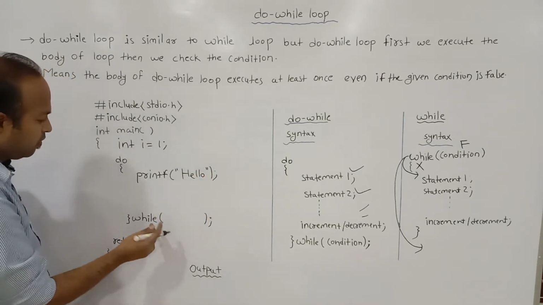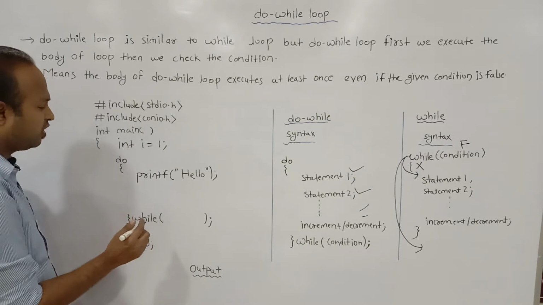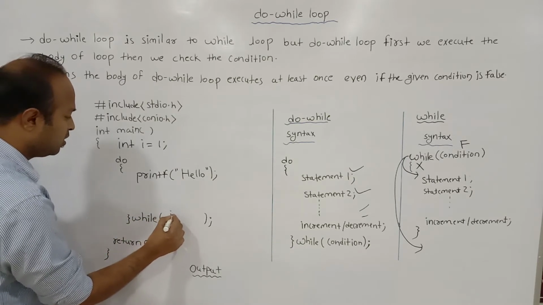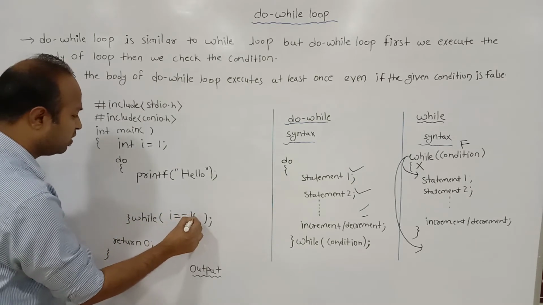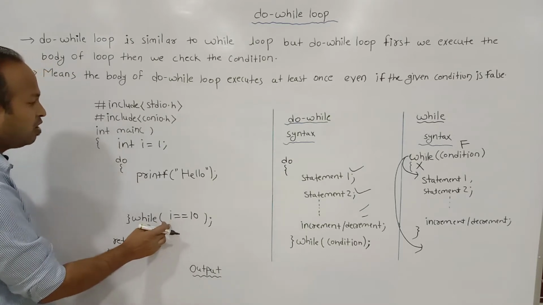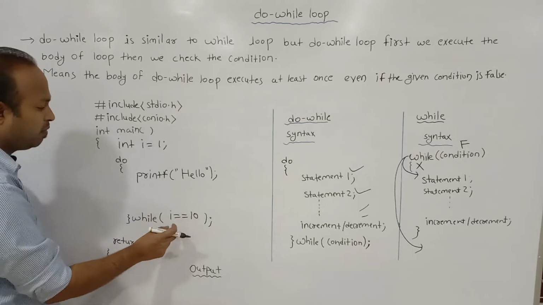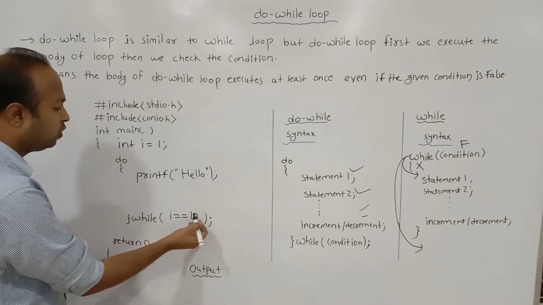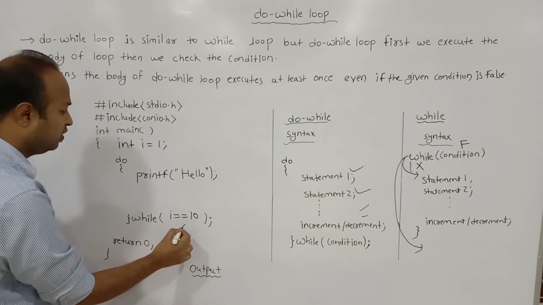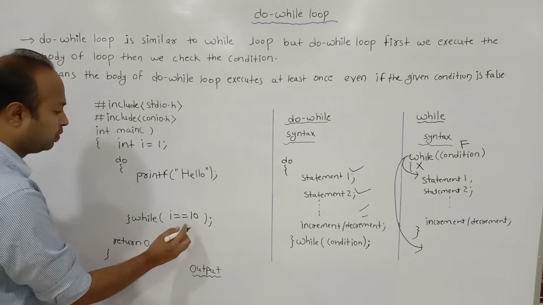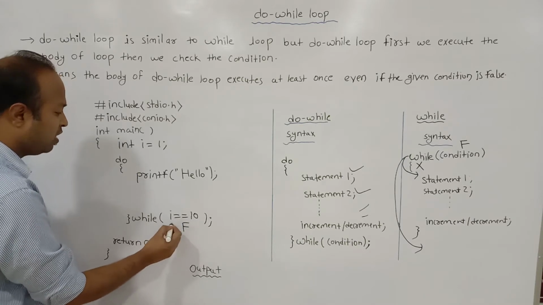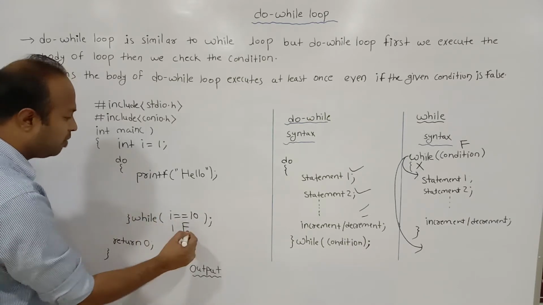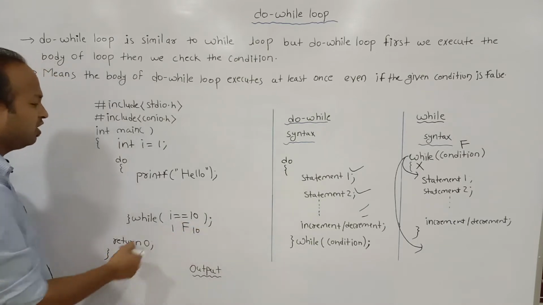And within the while we will write the condition i == 10. Here the value of i is 1 but we have written the condition i == 10. This condition is false because the value of i is 1 and 1 can't be equal to 10. Therefore this condition is false.